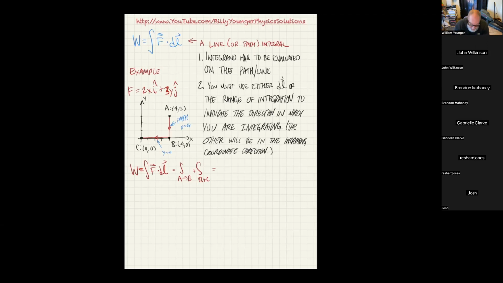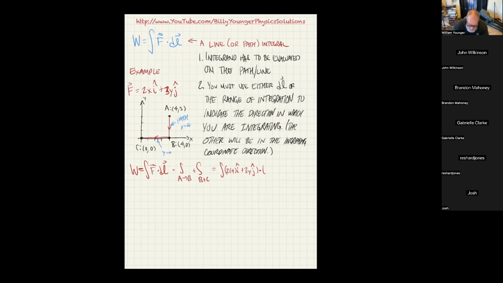With the path of x equals 4, the f being 2x i plus 3y j gives me 2 times 4 times i hat plus 3y j hat. That's what I mean by you have to evaluate the integrand on the path. And that's going to be dotted. Notice, in this case, I'm going to use the range of integration to designate my direction.